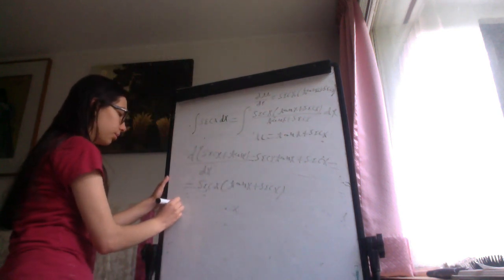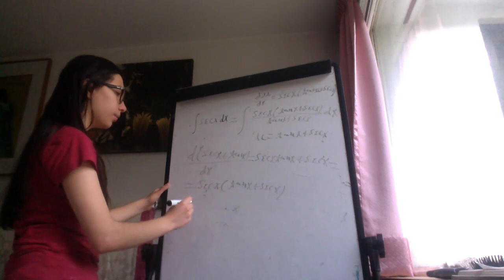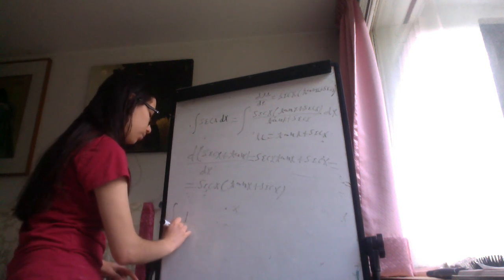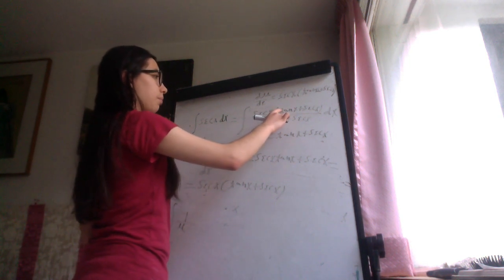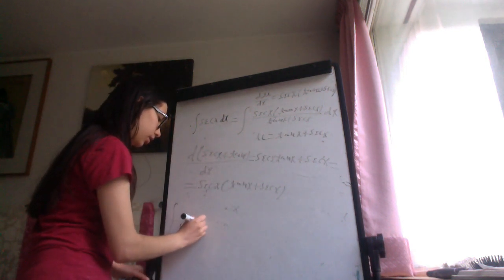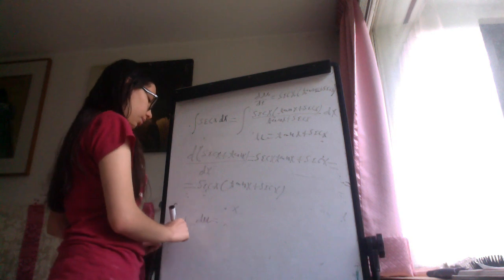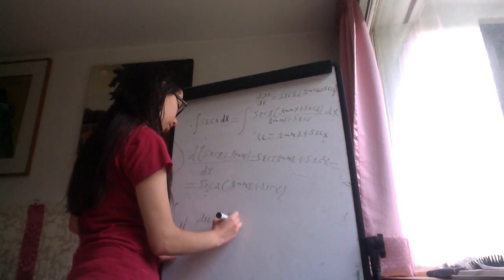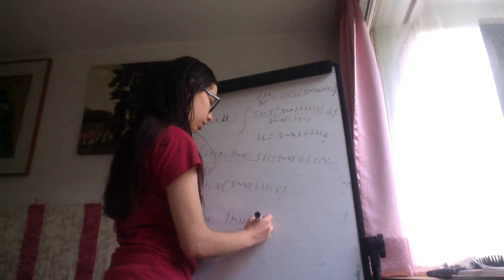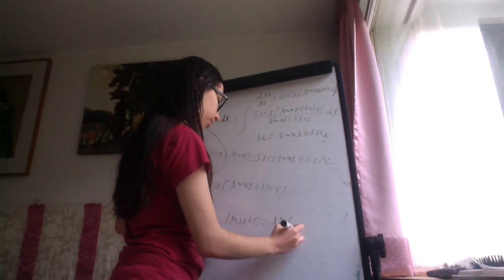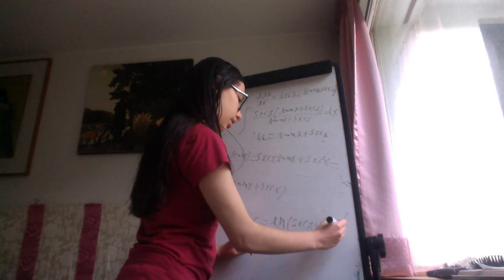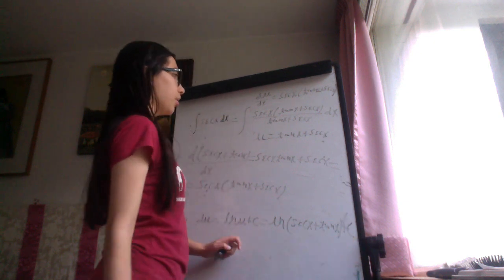So this is equal to the integral of, tangent x plus secant x is u, and secant x times tangent x plus secant x dx is du. So here's du. This is equal to the natural log of u plus c. Now substituting u again, we have natural log of secant x plus tangent x plus c.